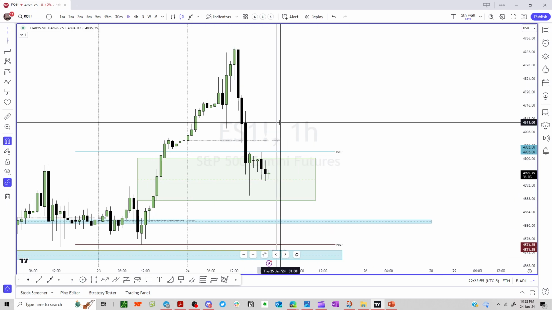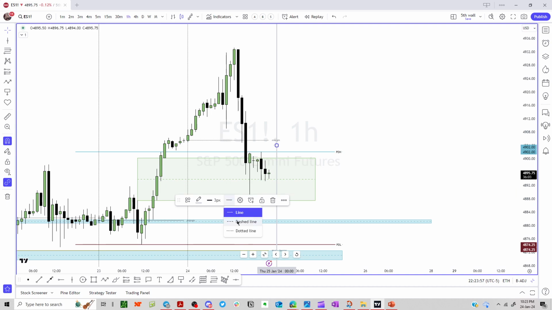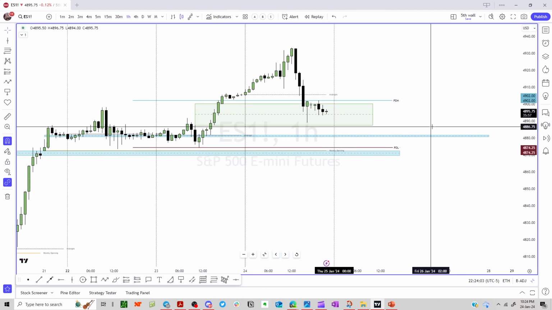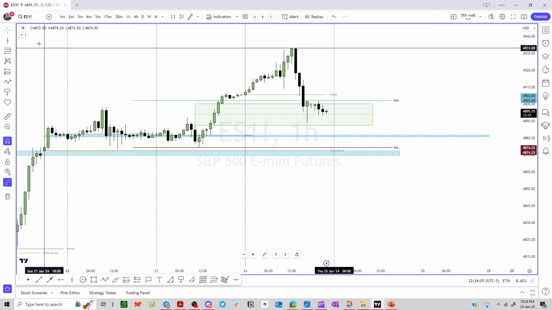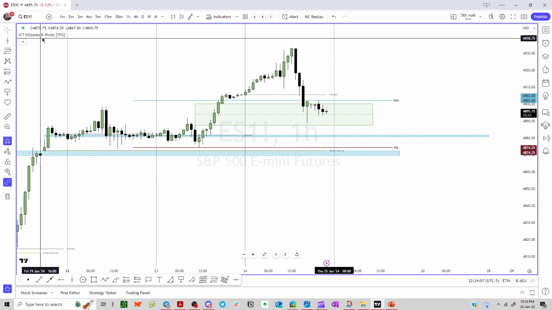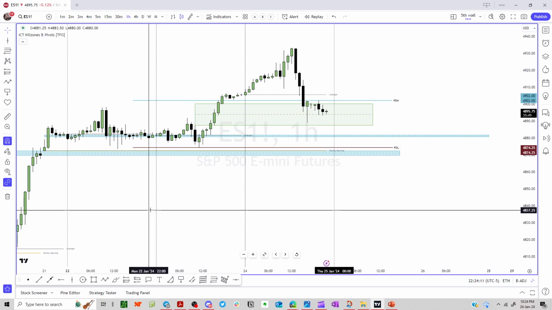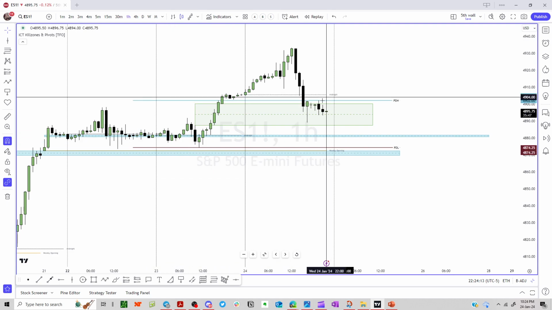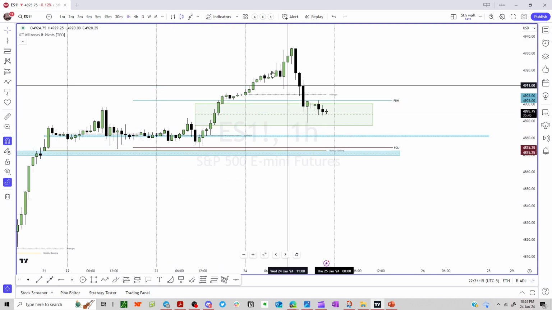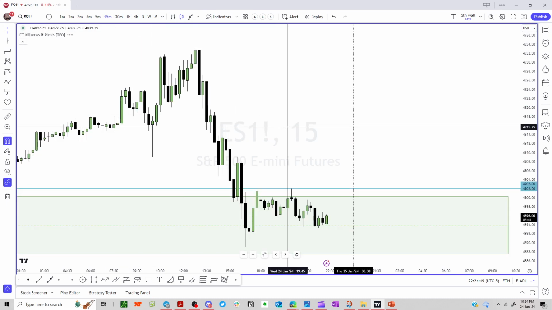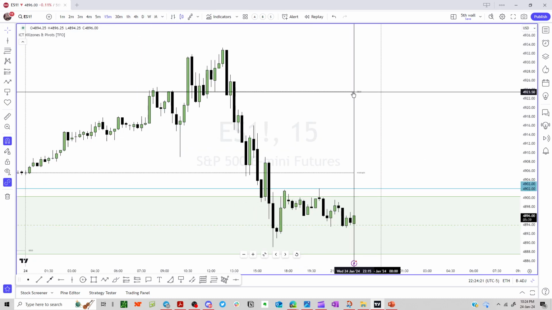Okay, so this is what I'm using to separate midnight to give me the midnight open, the weekly open, and the 8:30 opening.